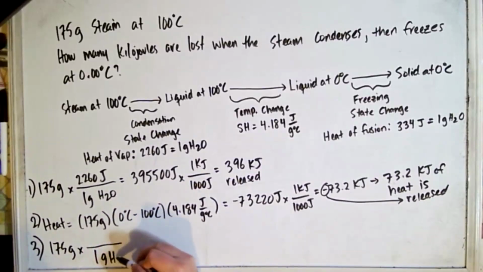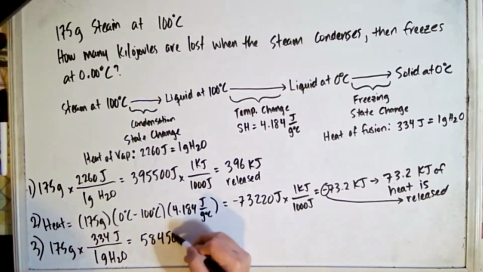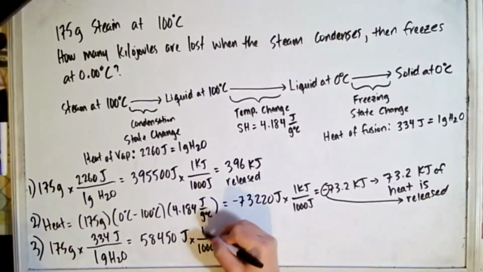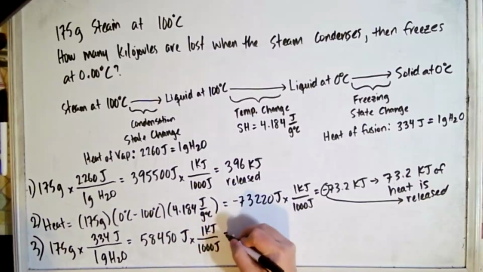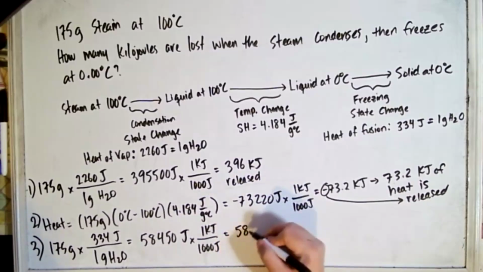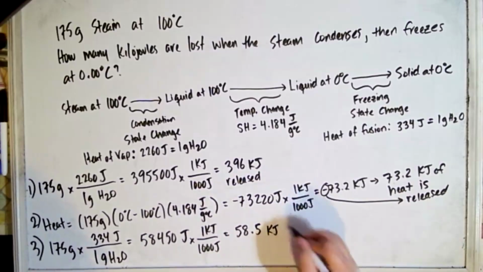Every 1 gram of the H2O is going to release 334 joules. Okay, and then we'll take these joules and we'll convert it into kilojoules, 58.5 kilojoules.